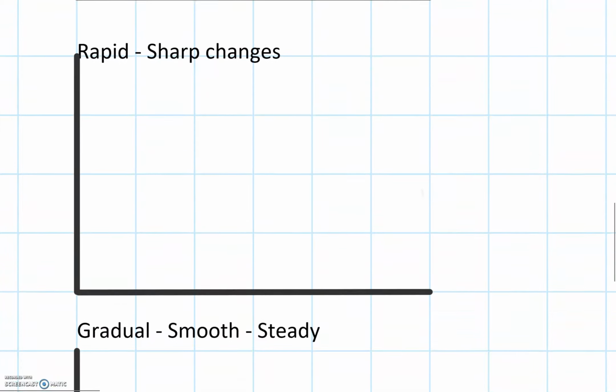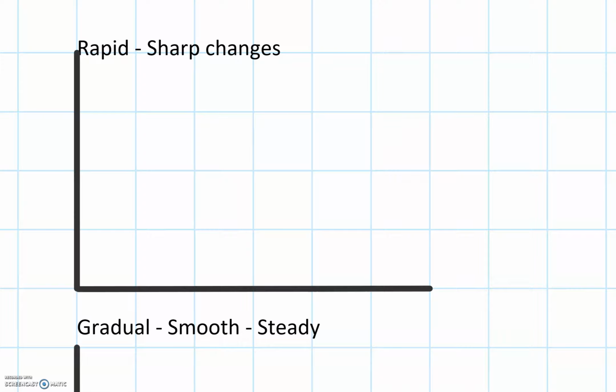Okay, so rapid, sharp changes. Well, what could that look like? So if the bottom is time, and we are wondering what are the rapid changes, or what is happening generally speaking, in this case, because it's time, we could actually connect all our dots, and we can see that it's really, really sharp up and down edges.